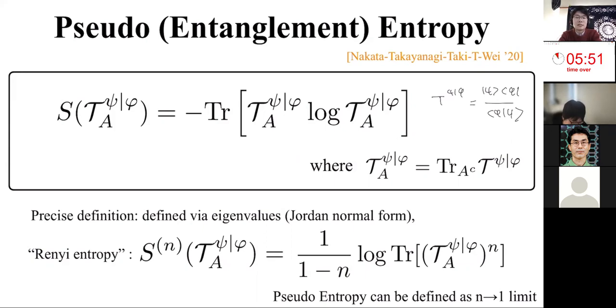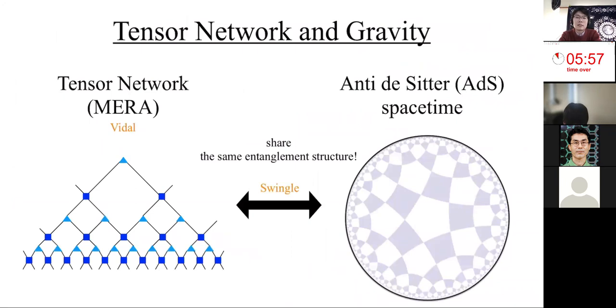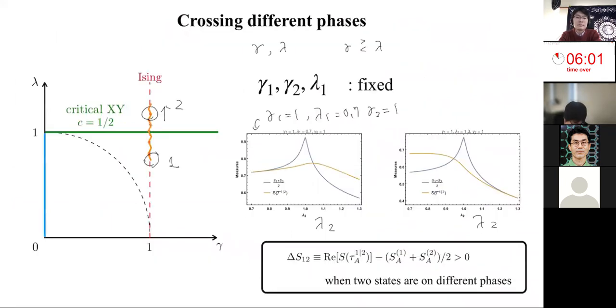To be precise, we have some exceptions. Let me explain it if time is allowed. Yeah, for example, here I'm writing this dashed circle. In this line, we have some degenerate vacuum in the original system, the XY model, and when we cross this line, somehow we have a kind of imaginary contribution.